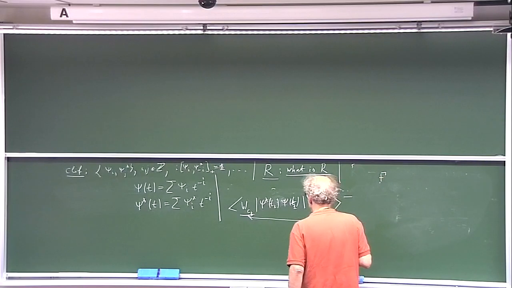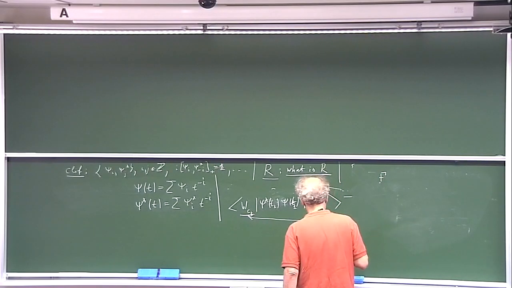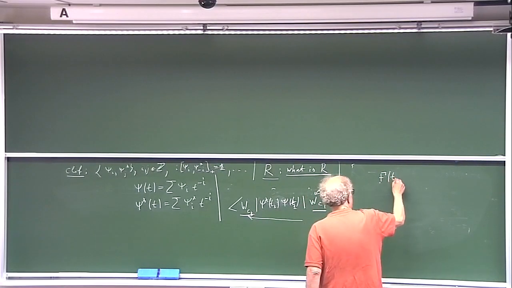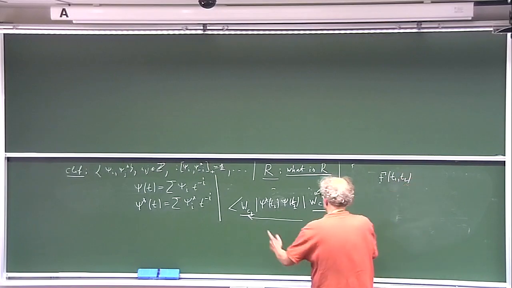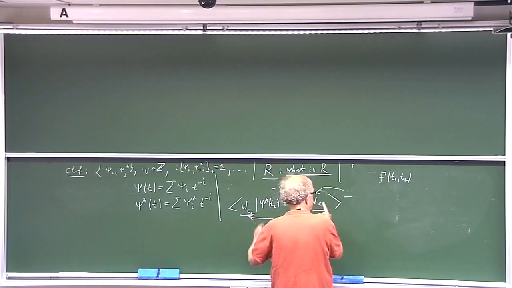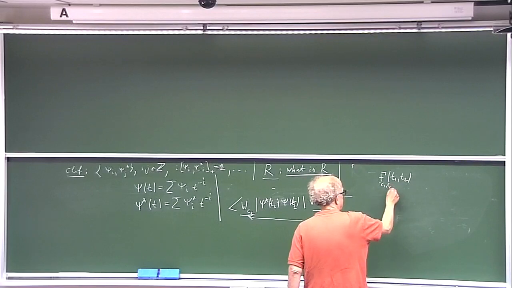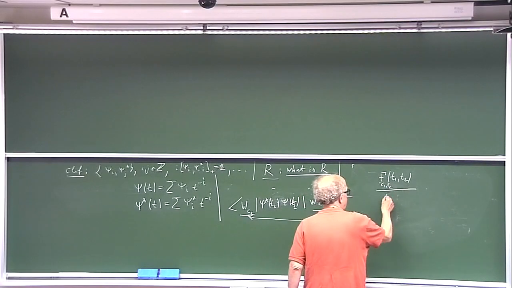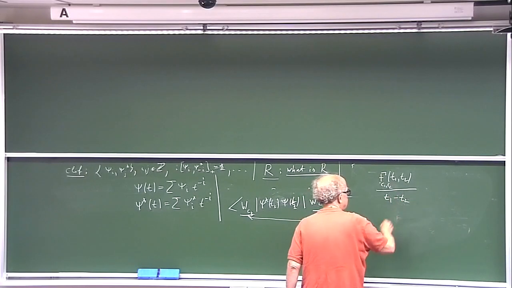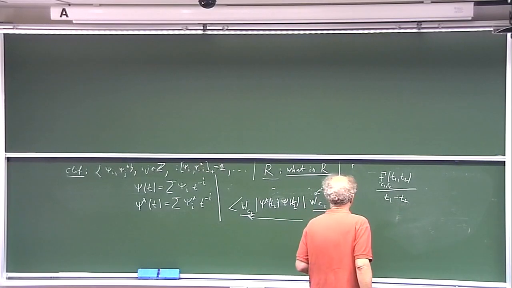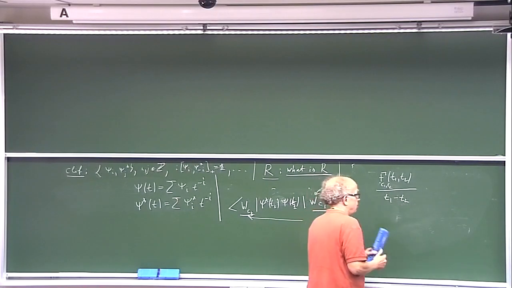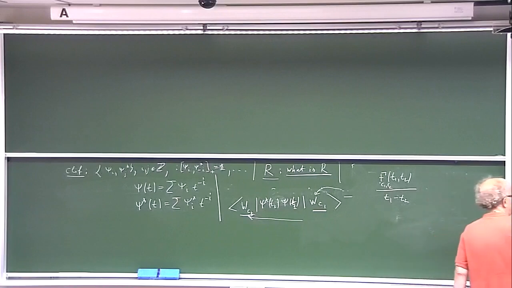It is some polynomial in T1, T2. In principle, this polynomial depends on these two semi-infinite configurations, and we have a pole T1 minus T2 here.